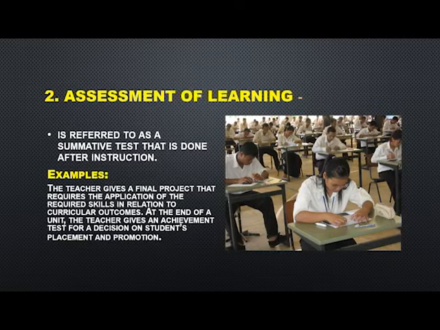At the end of the unit, the teacher gives an achievement test for the decision on students' placement and promotion. This is always given by the teacher if he has already done the discussion, or it is given after the unit or after the module.